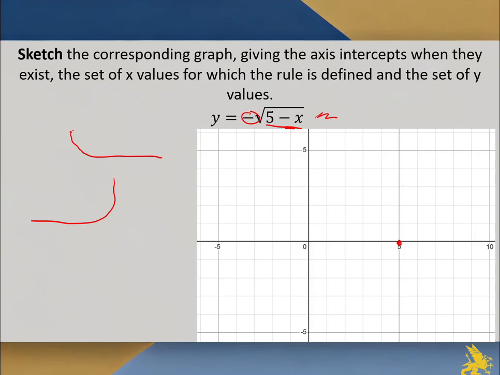So this straight away tells me I'm going to have an x-intercept and a y-intercept somewhere. To work out the y-intercept, I'm going to need to make x equal to 0. So I'll put y is equal to negative square root 5 take away 0. 5 take away 0 is just 5.